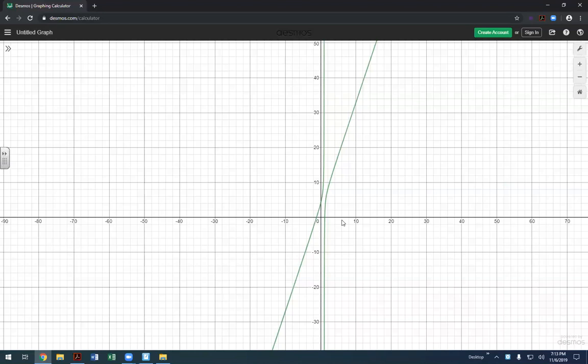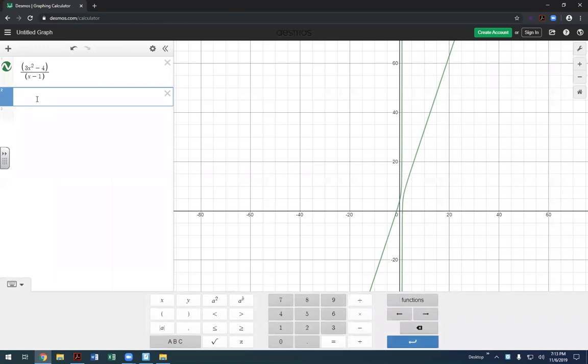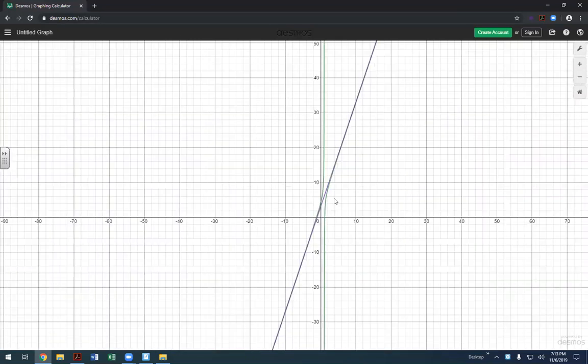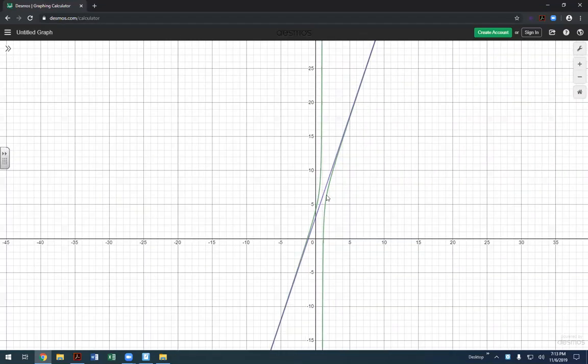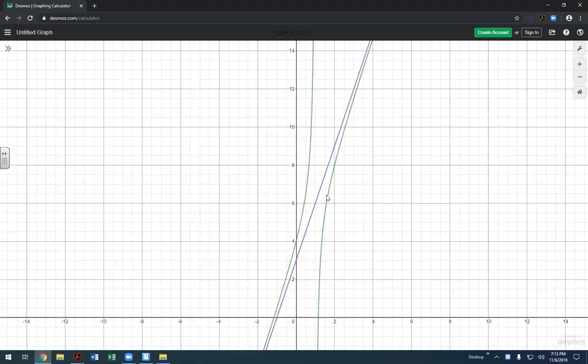Now, as far as the oblique goes, let's see if we can graph that so you can actually visualize the line. That was 3x plus 3. And you can see how our curved arm here is again getting really close to that purple line, but again, it's not going to touch it, it's not going to cross it, and that same behavior is happening here on the lower half of our graph, right?